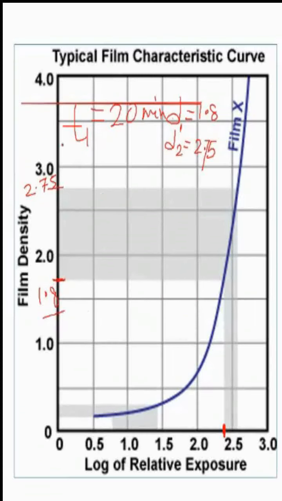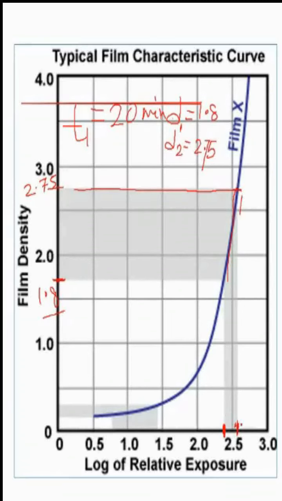So T1 is 20 minutes, D1 is 1.8, and what we want is 2.75 density. We should make a coordinate intersecting this line and then drop it down to get the value.